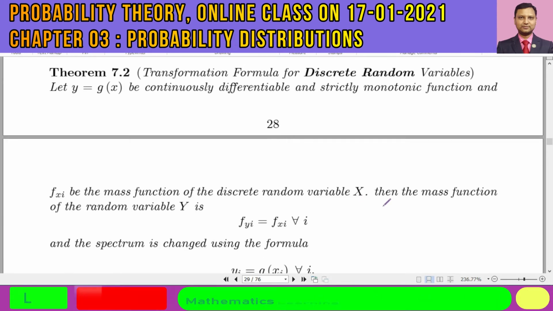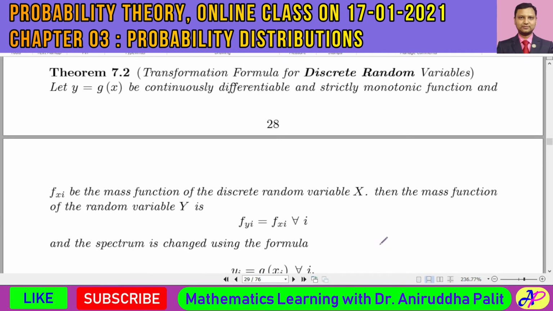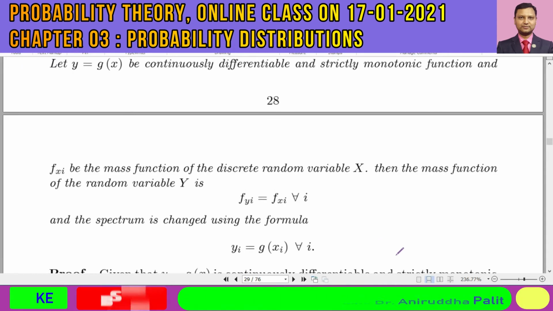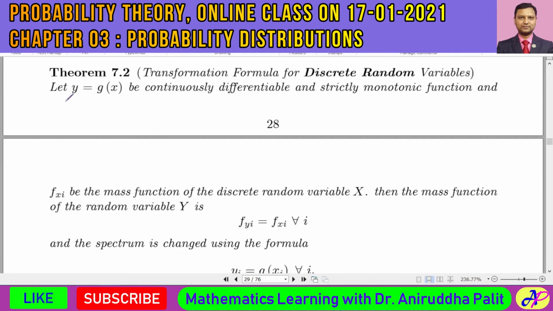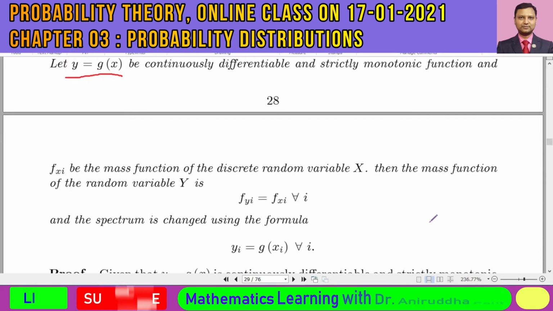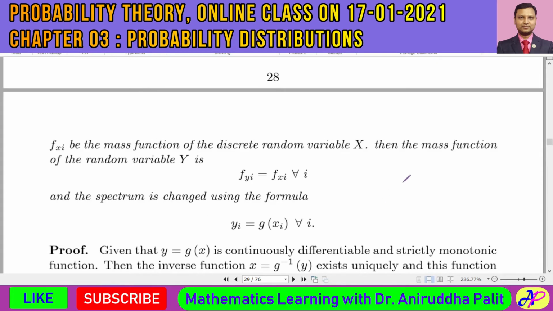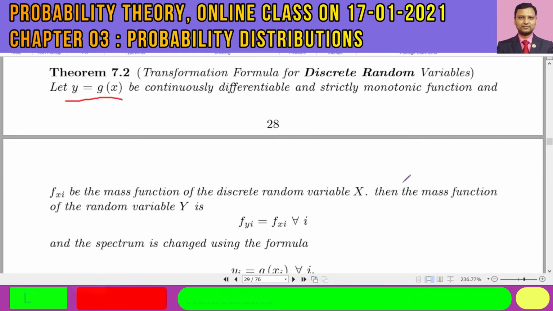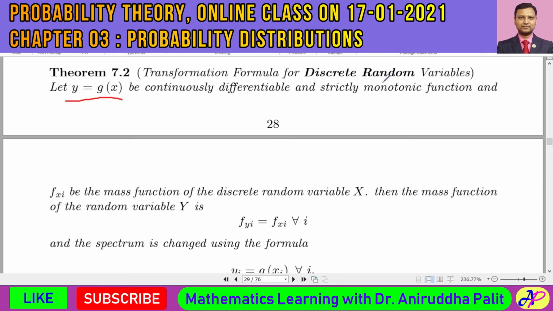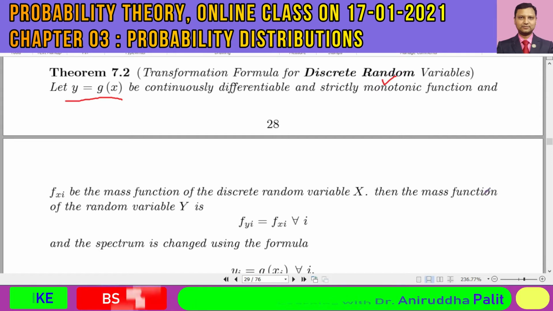Because you see, suppose in the case of a discrete distribution, we have this kind of transformation y is equal to g(x). In that case, we observe that g is a strictly increasing or decreasing function. What I mean to say is g is a strictly monotone function.